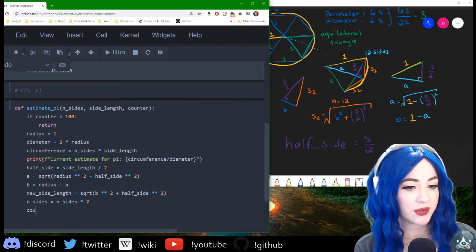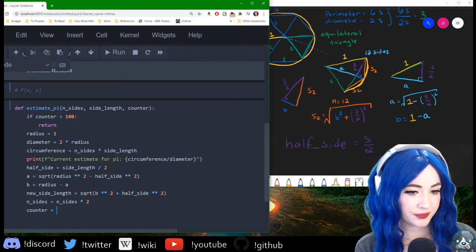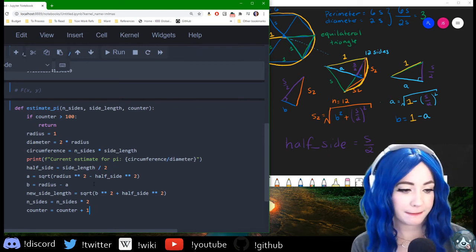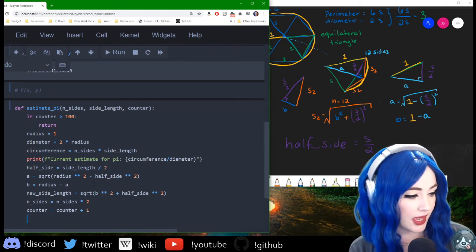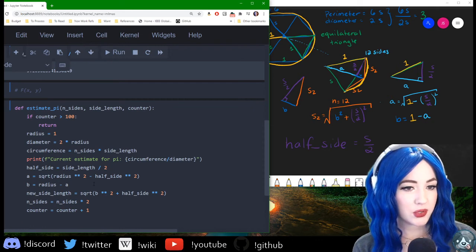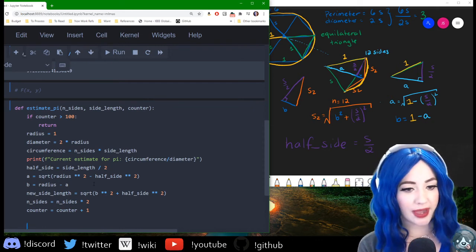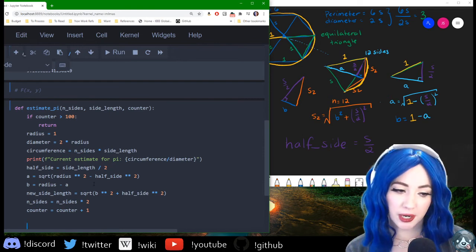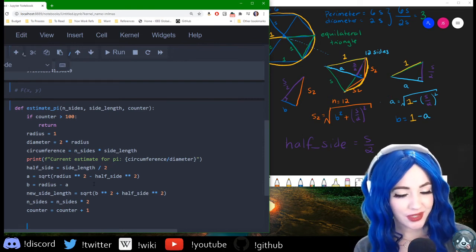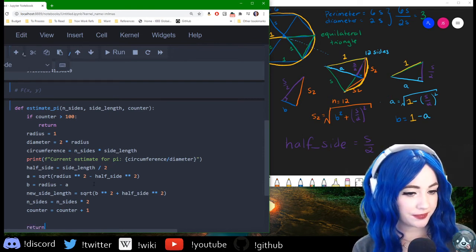Trixon. So then we need to add 1 to our counter. And so remember how I said return is how a function passes a value back to you? So here's where the recursion happens, okay? Is that we're going to return.